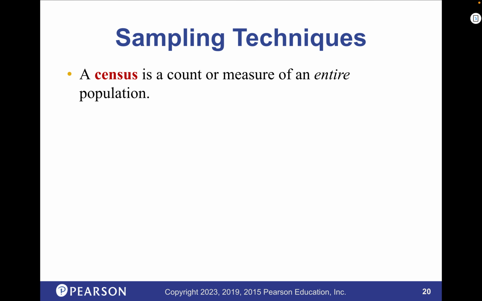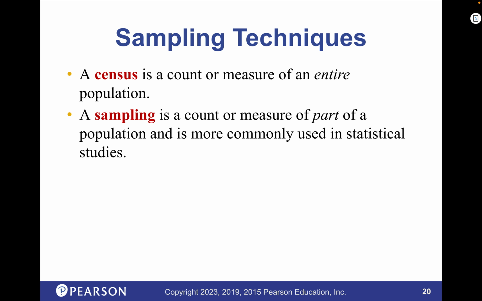The government does that every 10 years, where they try to take a census of the United States, count every single person, what's your gender, your age, all these demographics. So that's a census. Sampling is taking part of those people, part of the group, and trying to do some statistical analysis on them, and that's what we will be focusing on.